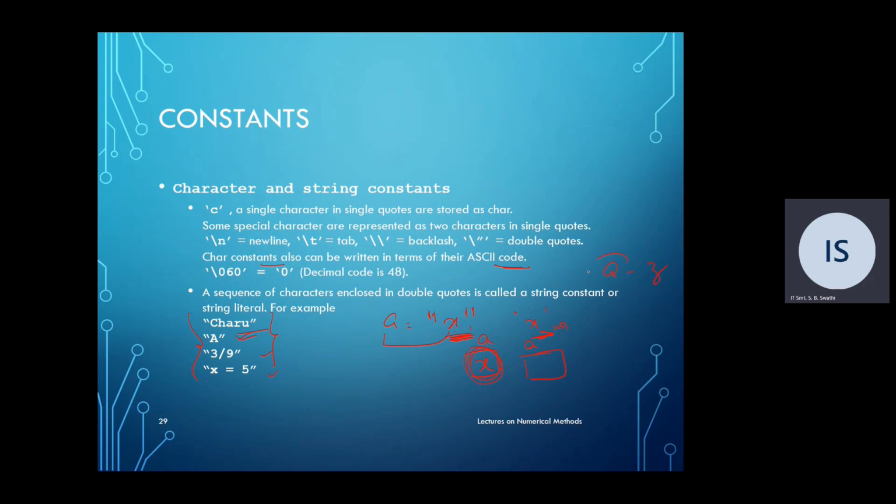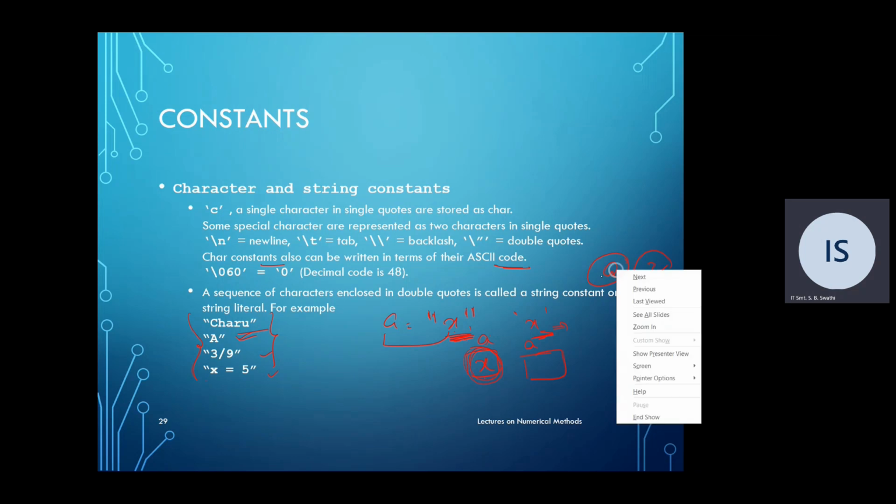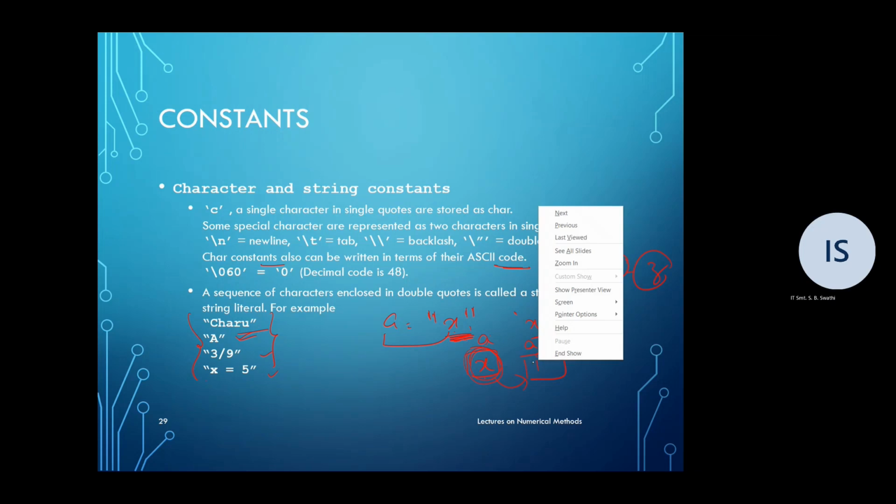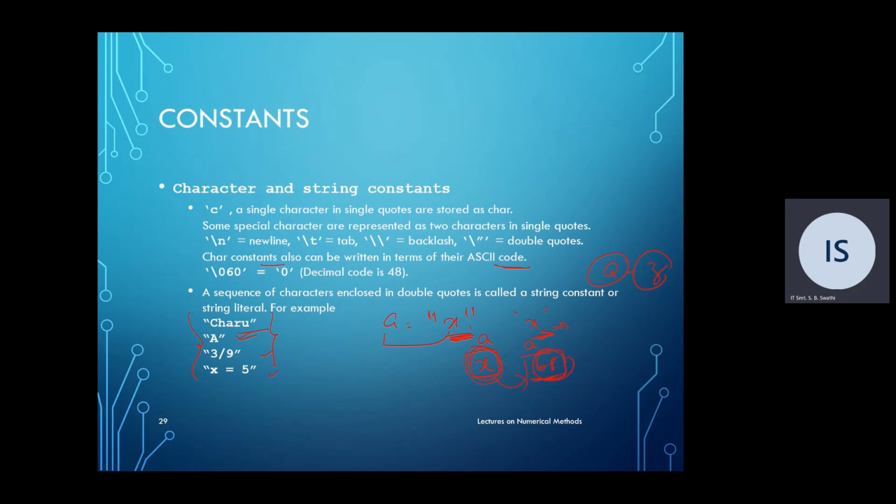From A to Z, each and every letter will be understood by the computer by converting the letter into some number, which is called the ASCII value. So it can also store a equal to x as a equal to the equivalent ASCII value of this. It is just an example.